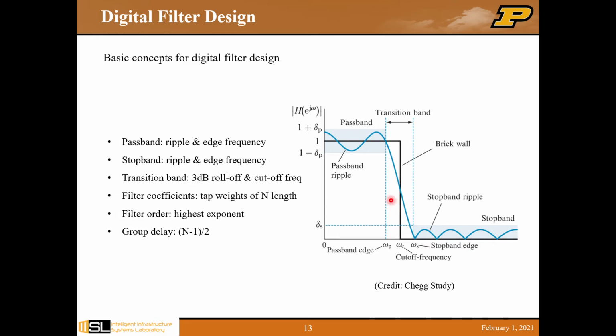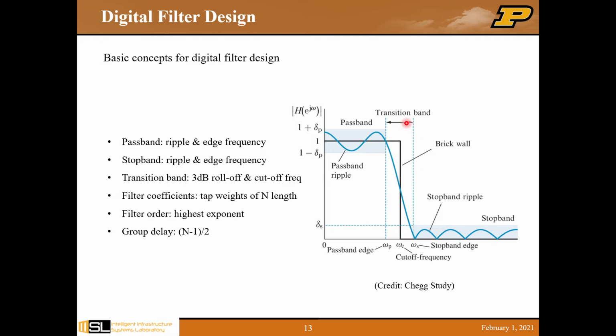Okay, regarding that, we can divide the frequency domain of the filter into the pass band, which is in this location, and the stop band, which is related to the frequency band that is blocked.